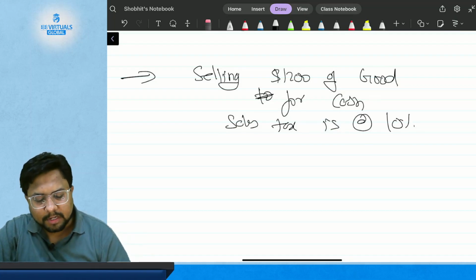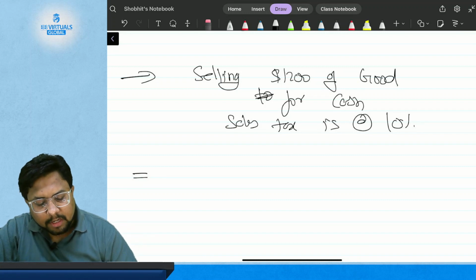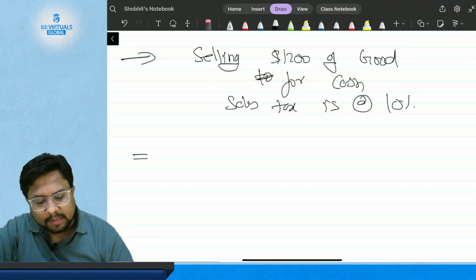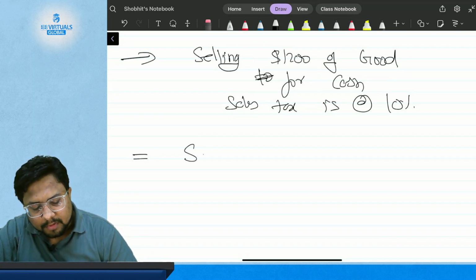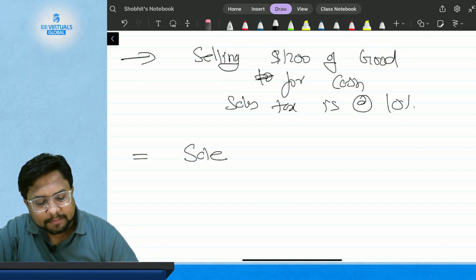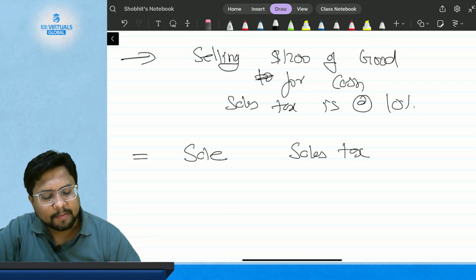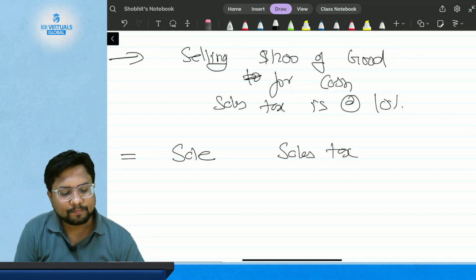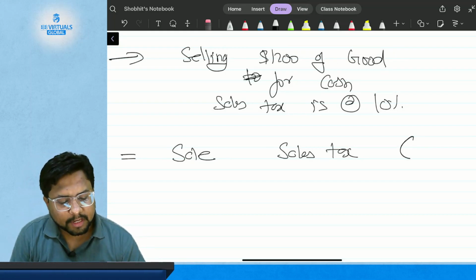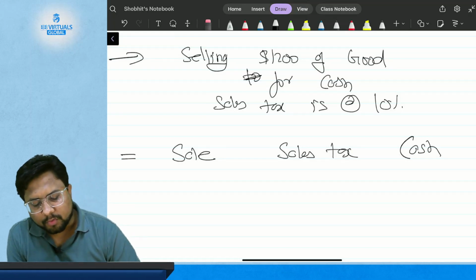So what will be my journal entry? There are three elements. First element is sale, second element is sales tax, third element is cash.